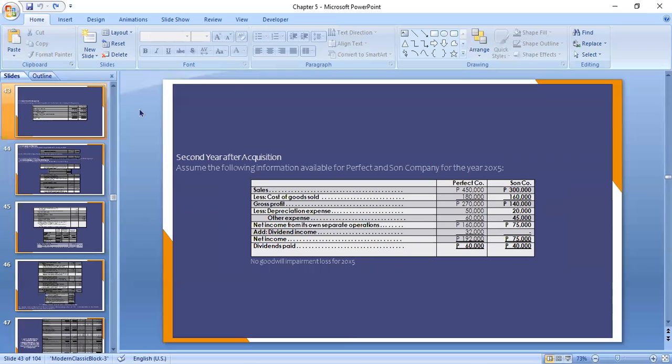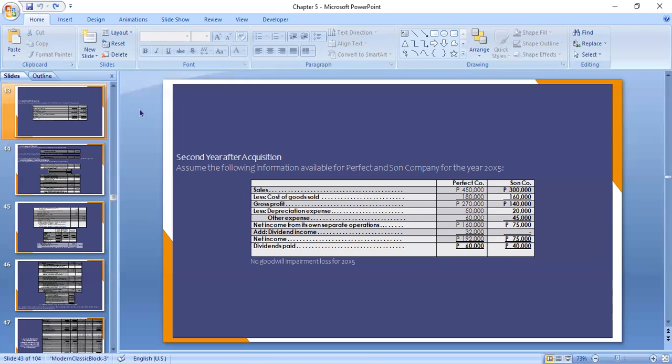So we have now sales of the parent and the subsidiary. Then we deduct cost of goods sold to get gross profit, then deduct depreciation expense and other expense. So we have net income from its separate operations.